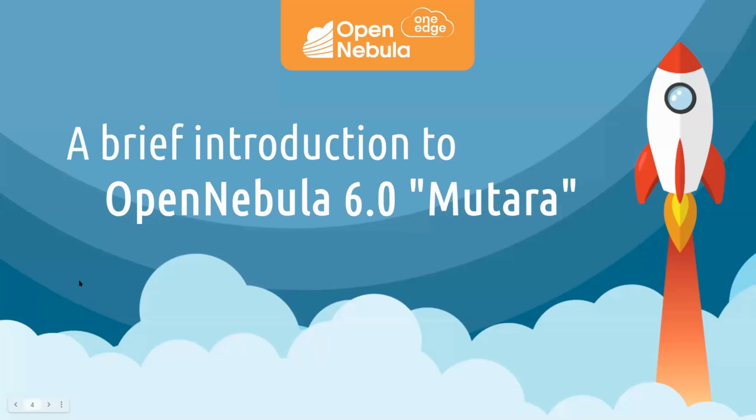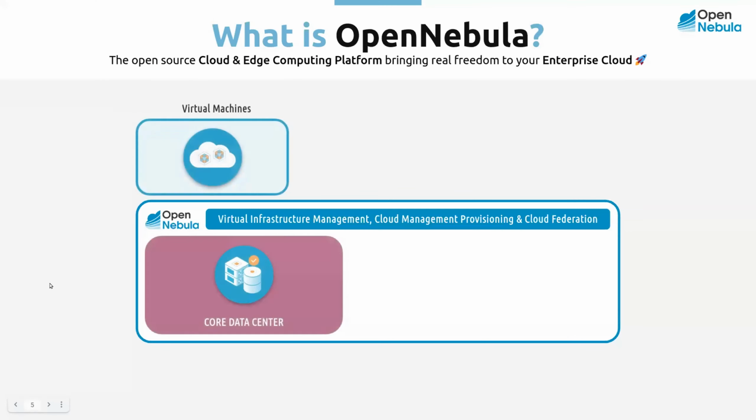Okay, so a very brief intro to what OpenNebula is now. If some of you are already familiar with the project, you'll be aware that we've been improving OpenNebula and changing the technology in a number of different ways. OpenNebula comes from the private cloud environment, where companies and organizations needed a product to virtualize their IT infrastructure and offer the same features of a cloud, but for corporate users.